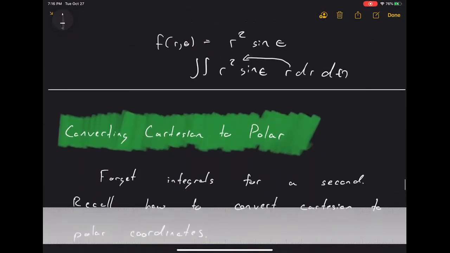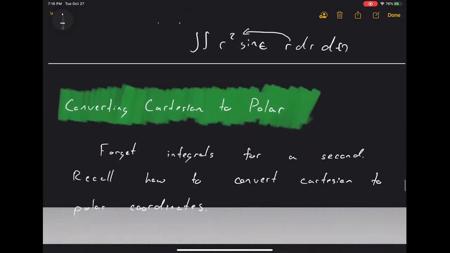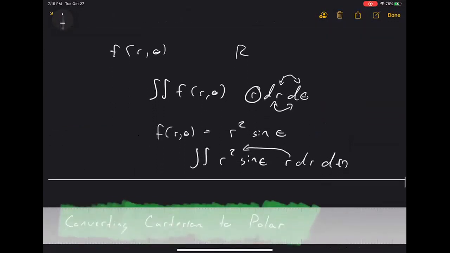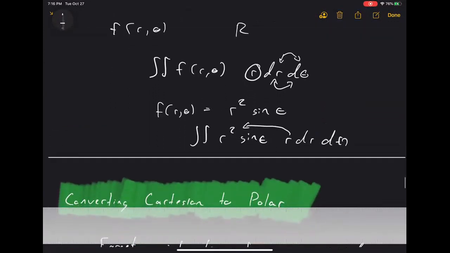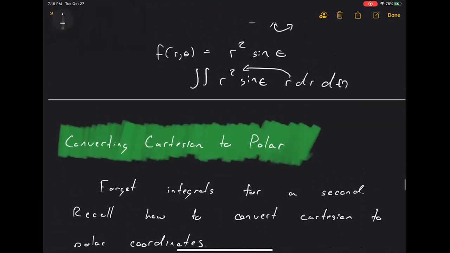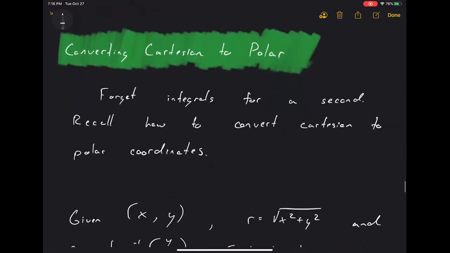So a little strange, but you'll get used to it. So that's how we integrate when we're already working in polar coordinates. And remember, what we're doing is we're developing this tool to convert to polar coordinates to make our life a bit easier.